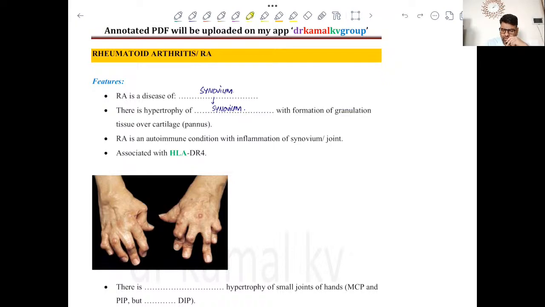This process leads to the formation of pannus, which destroys the surrounding area. So please remember the word pannus here.